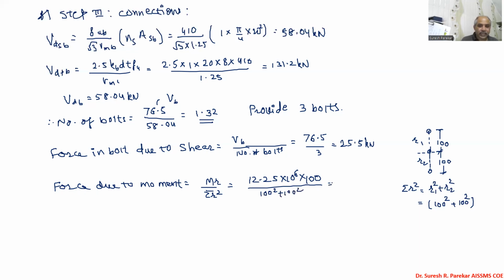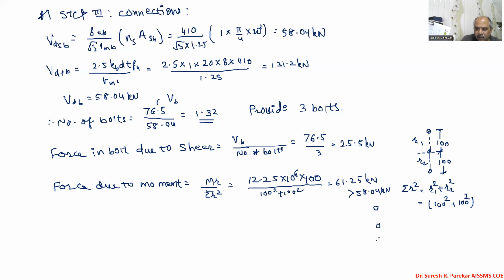Then we multiply by 12.25 to the power 6 into 100, and this comes to 61.25 kilonewtons. So it is greater than 58, so we have to go for more bolts. Therefore we will go with 4 bolts: 1, 2, 3, 4.